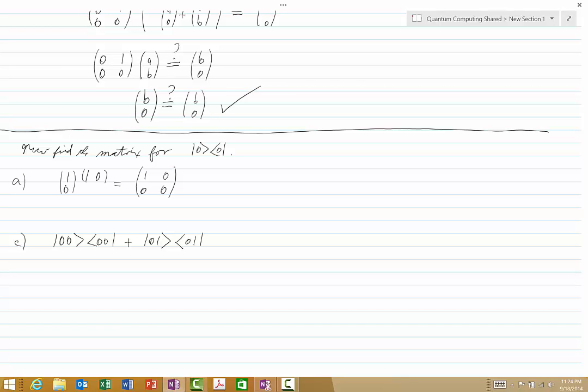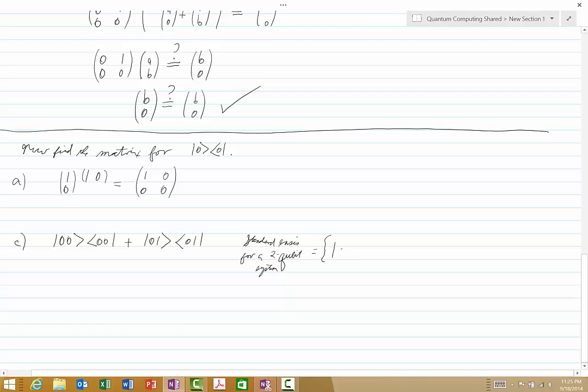So when we say we have the standard basis, but it's a 2-qubit system, what do we mean? So the standard basis for a 2-qubit system, well, I think you probably know what this is.